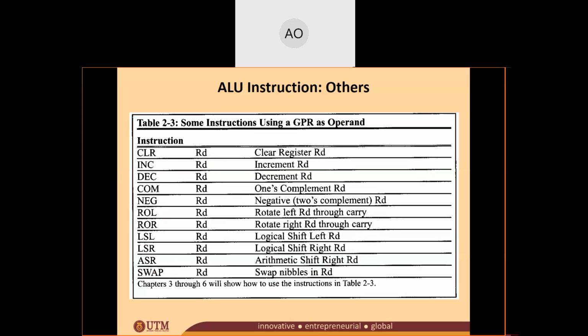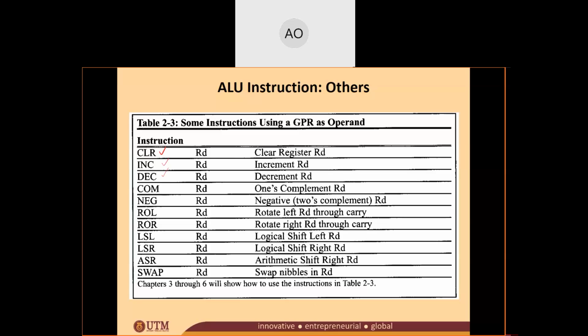And then we have other ALU instructions, such as CLR, which clears your register, INC to increment, DEC to decrement, COM for the one's complement, and NEG, which is negate, where you do a two's complement.